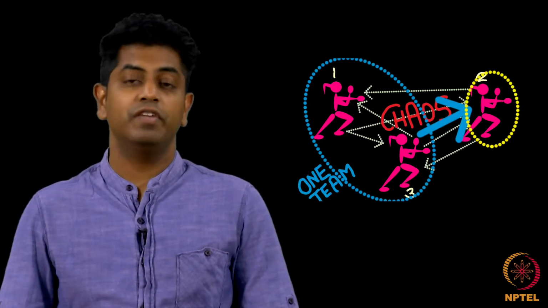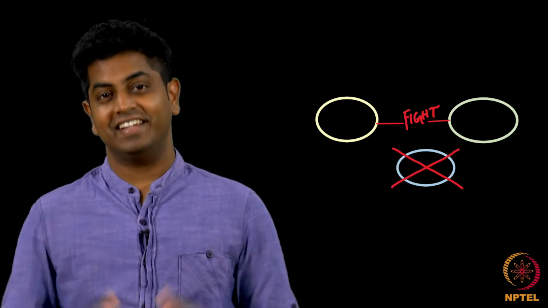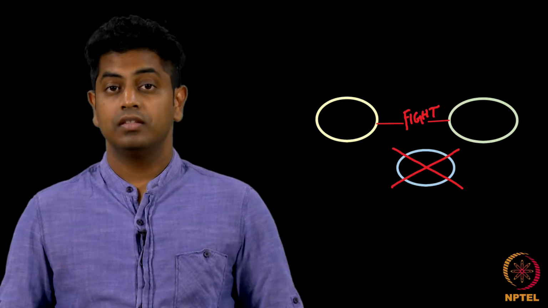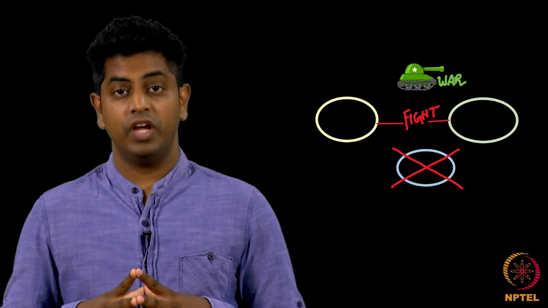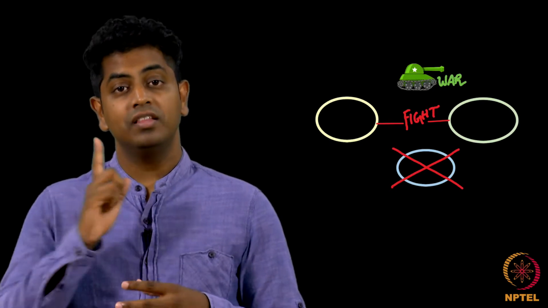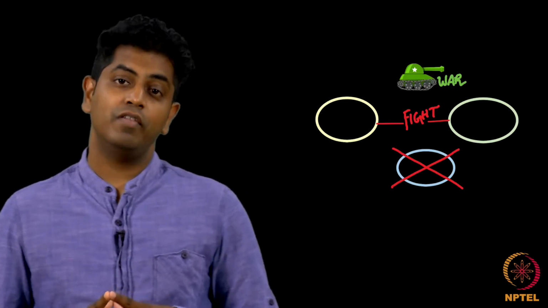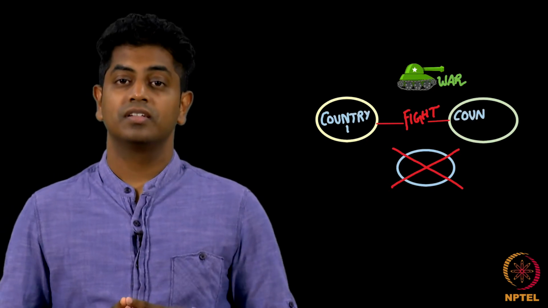Does it sound very familiar to you? Haven't you seen in a group the fight is generally between two teams? It is never between three teams. Why is that? This sounds all the more familiar to you. War, when it is waged, it is never between three countries, it is always between two countries.